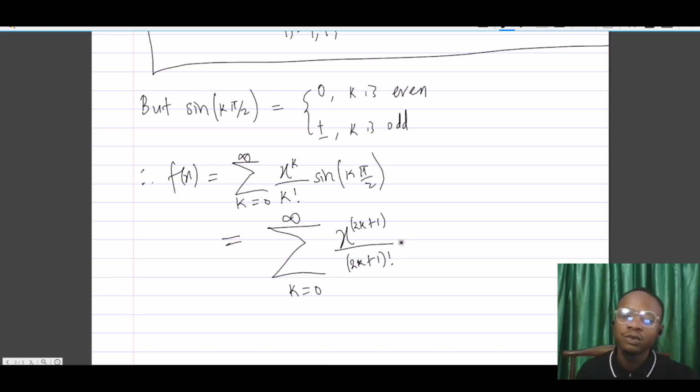Then instead of our sine, we observe that it will be plus 1 or minus 1, so we'll multiply it by minus 1 to the power of k.